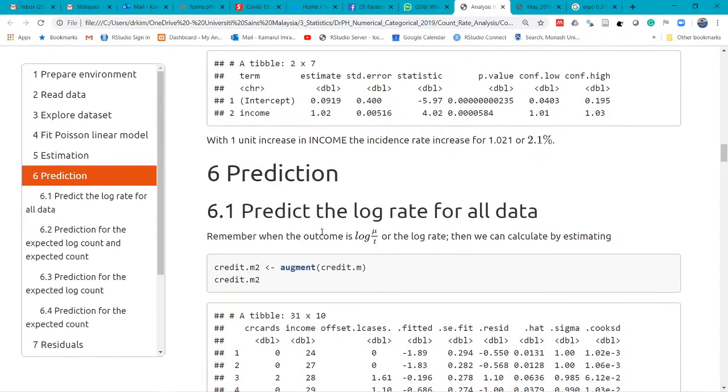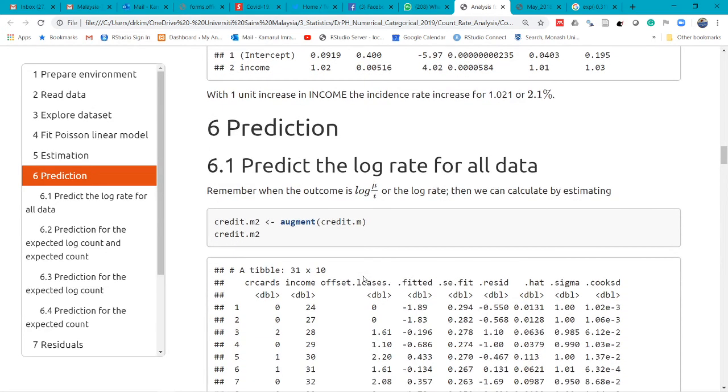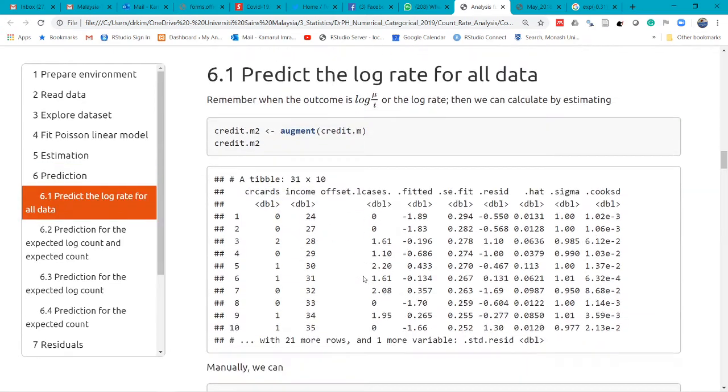If you use the function augment, what you have is the log of rate.